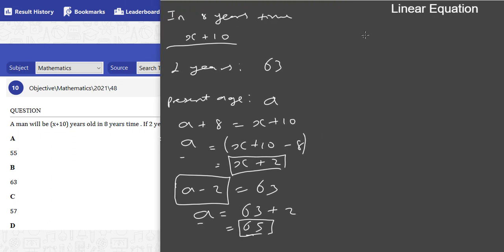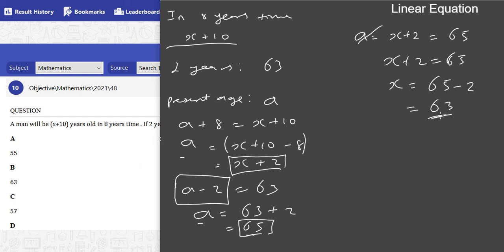So his present age is x plus 2 and is also equal to 65. Then you are done with this. Just take x plus 2 equals 65, then solve for x. Just take this 2 to the other side. That gives you 65 minus 2 and that gives you 63. So that is how you interpret this kind of problem, and that makes option B the right option.